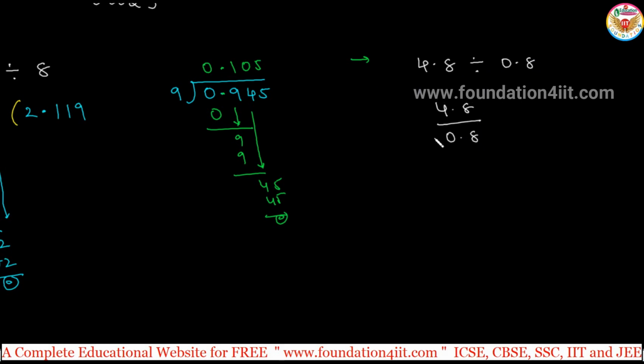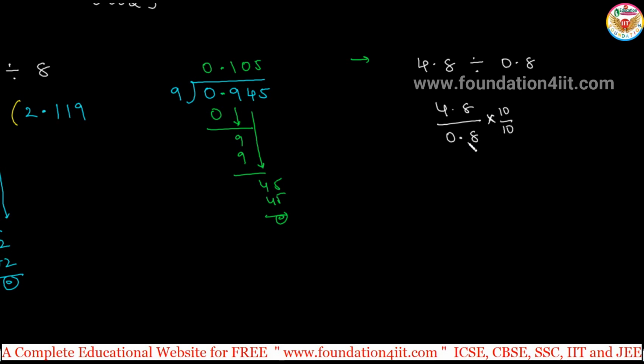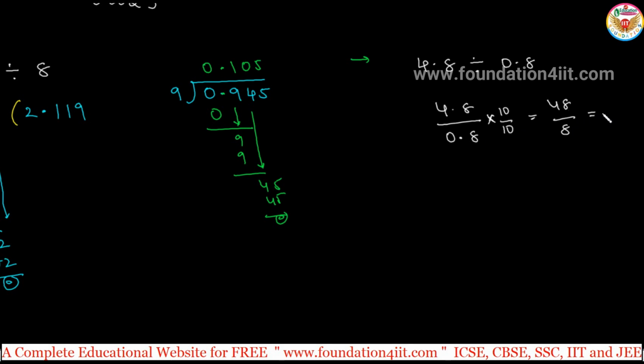So in this case, at least the denominator we should make a whole number. Denominator after the point has one decimal place. So we can multiply by 10 because after the point is one decimal. 4.8 into 10 is 48. 0.8 into 10 is 8. 48 divided by 8 is 6. 4.8 divided by 0.8 is 6 only.